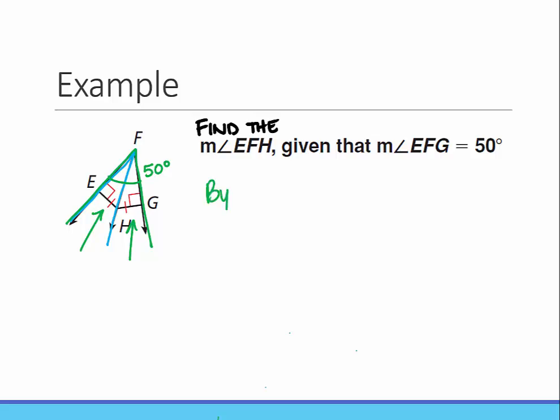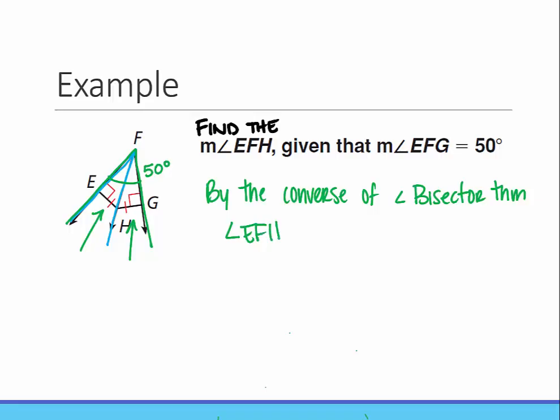So by the converse of the angle bisector theorem, angle EFH has to be congruent to angle GFH. And because those add up to 50, each of them has to be half of that, or 25 degrees. So that means EFH has to equal 25 degrees.